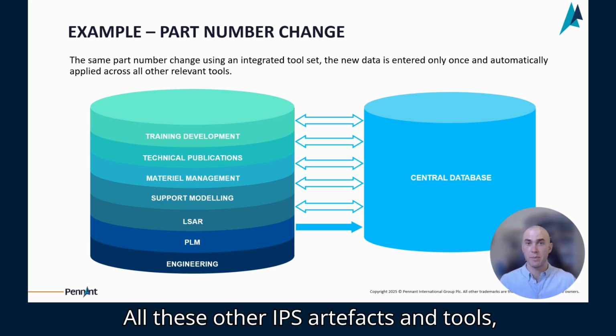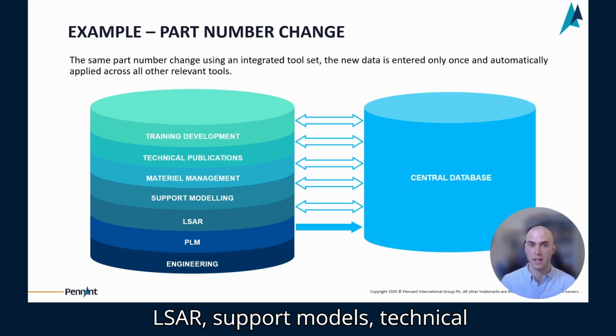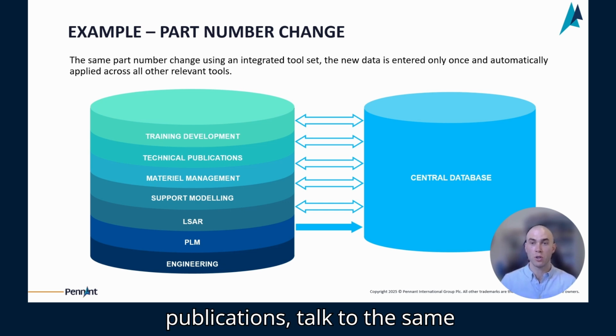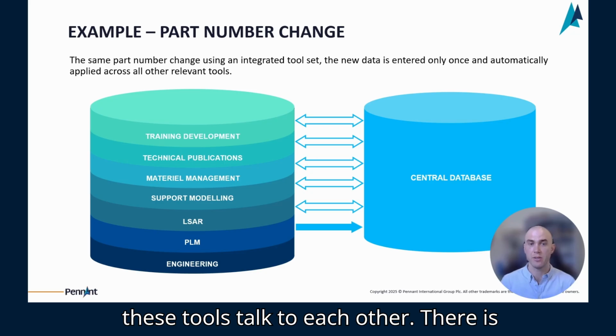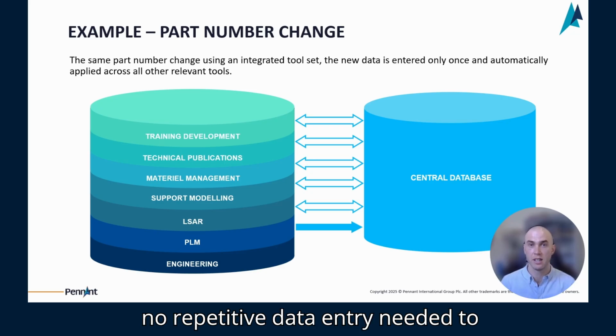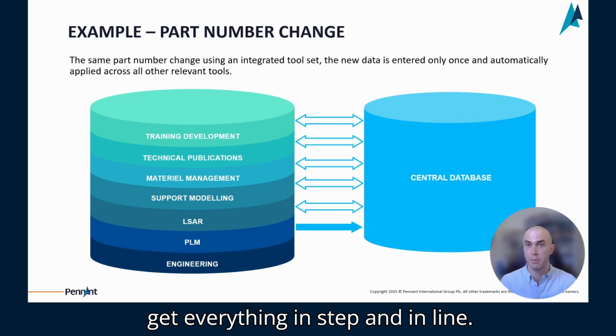All these other IPS artifacts and tools, LSAR, support models, technical publications, talk to the same database, so that part number is automatically reflected in all of your IPS artifacts. There is no manual work needed to make these tools talk to each other. There is no repetitive data entry needed to get everything in step and in line.